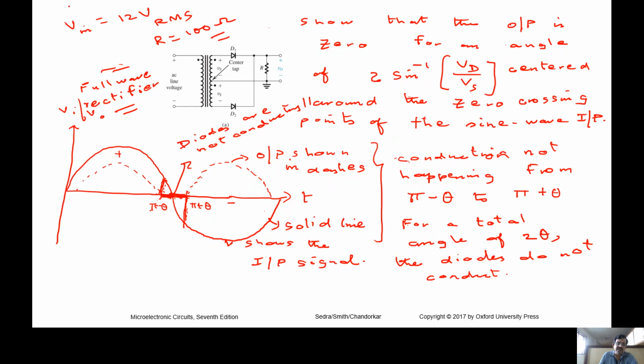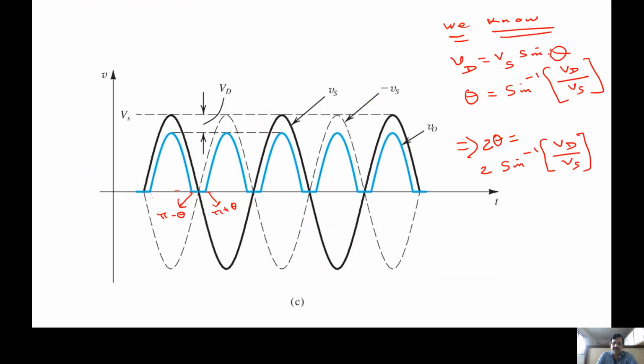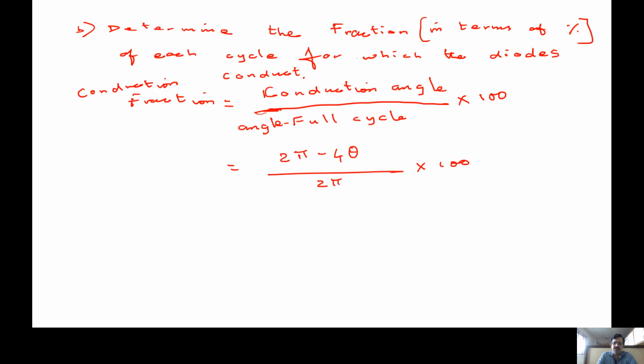So the parameters are kept constant in comparison to the half-wave rectifier problem that we did previously. With this in mind, 2 pi minus 4 theta. We already found theta equal to 2.4 degrees.